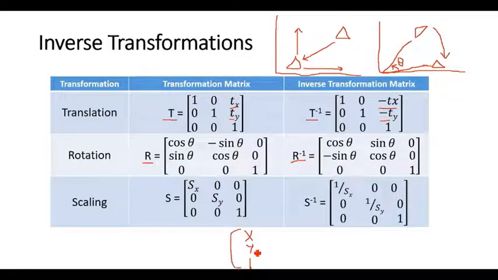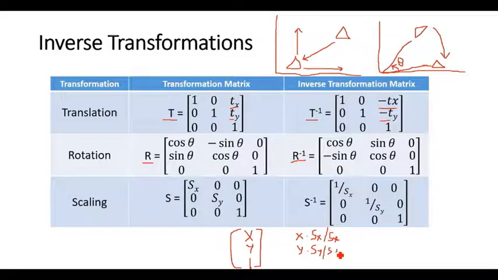If I multiply it with this matrix, I would get x into sx, similarly y into sy. Now how do I get my x and y back? In order to do that, I have to divide this term with sx and divide this term with sy.